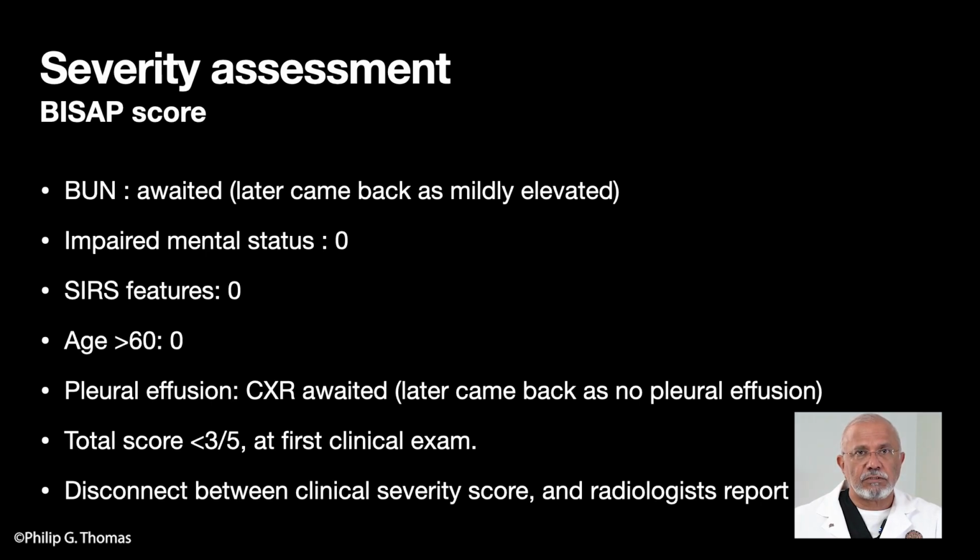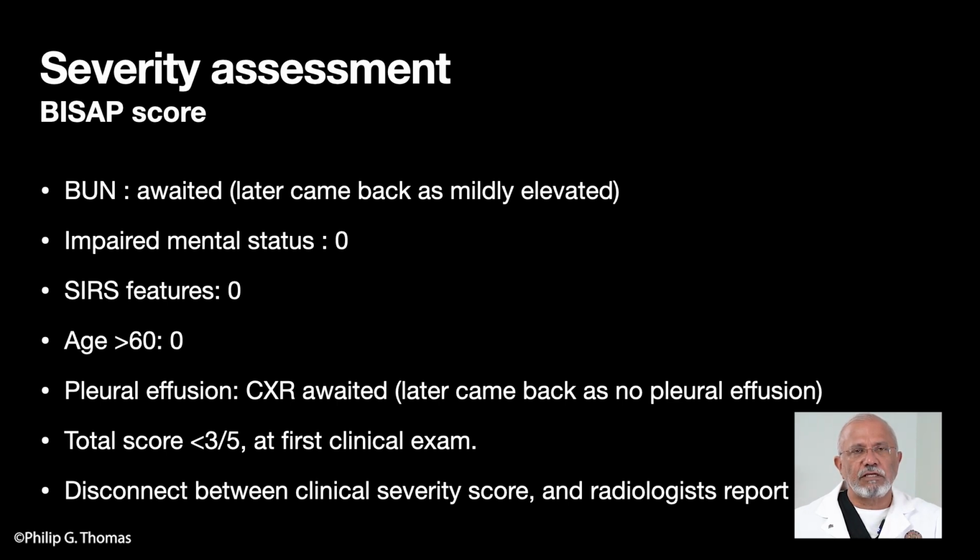For bedside assessment of the severity of this patient's acute pancreatitis, I elected to use the BISAP score. Now, the B is for BUN. It was not available when I was seeing the patient. The last letter P is for pleural effusion, and the chest X-ray wasn't available either. So I had to assess the intervening three variables, which are impaired mental status, SIRS, and age over 60.